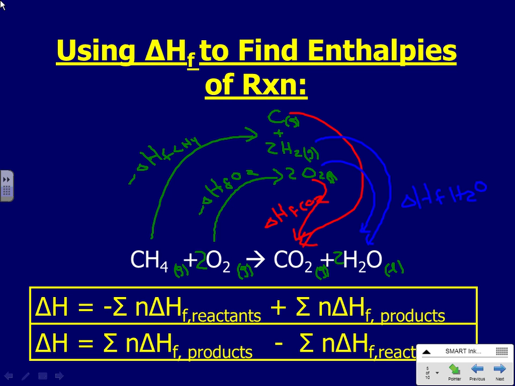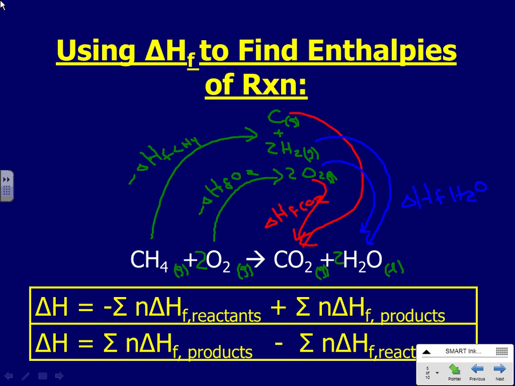Excellent. And then when I put them back together, I'm going to add up. Remember, that means sum. Again, the N, I'm going to use the coefficients. I'm going to have 1 delta HF for CO2 and 2 delta HFs for H2O, and I'm going to leave it positive because I'm actually doing a regular formation when I make the products.